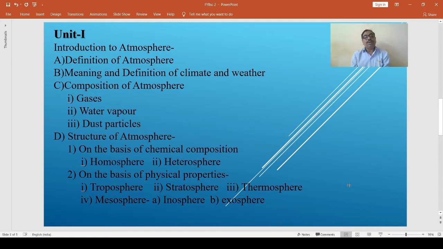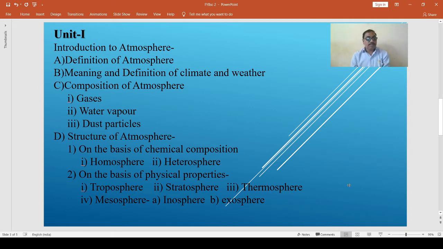Then we have to study structure of atmosphere. First is on the basis of chemical composition, which includes homosphere and heterosphere. Second is on the basis of physical properties. Here we have to study troposphere, stratosphere, thermosphere, mesosphere. Here there are two parts, ionosphere and exosphere.